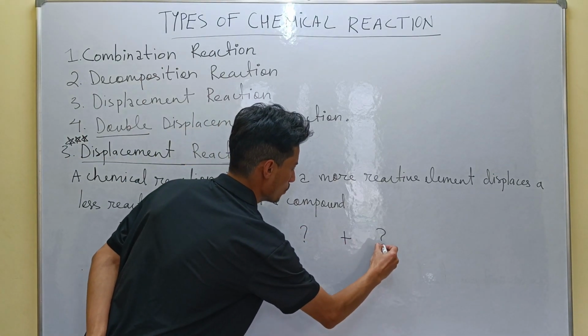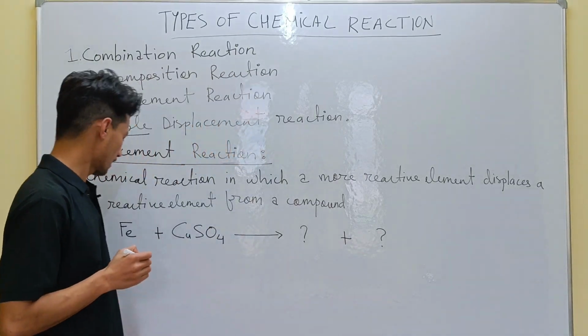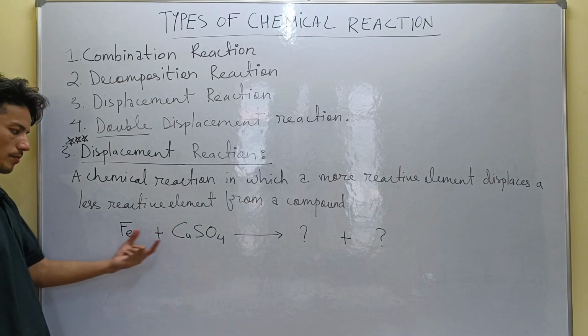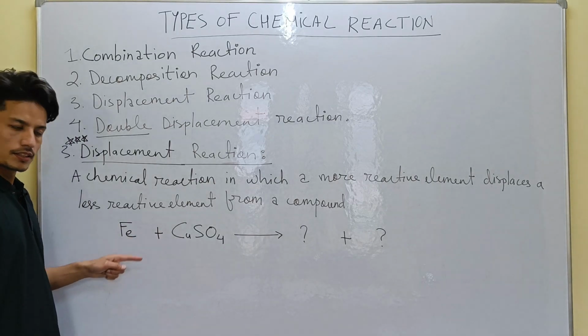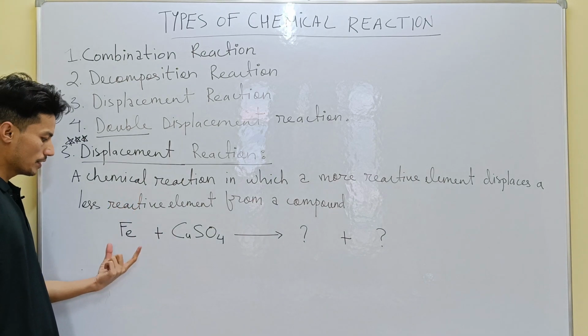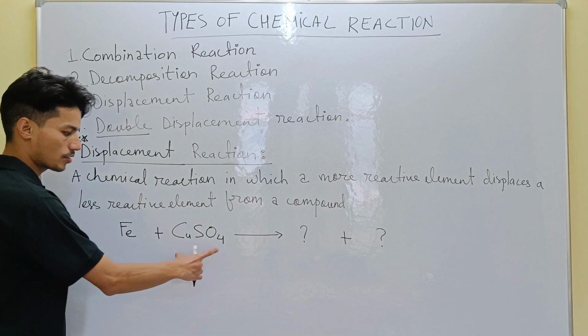What will be the products here? Now, see here. By observing the element, this is the element, like I said, displacement reaction takes place between an element and a compound. So this is the element, and this is the compound.